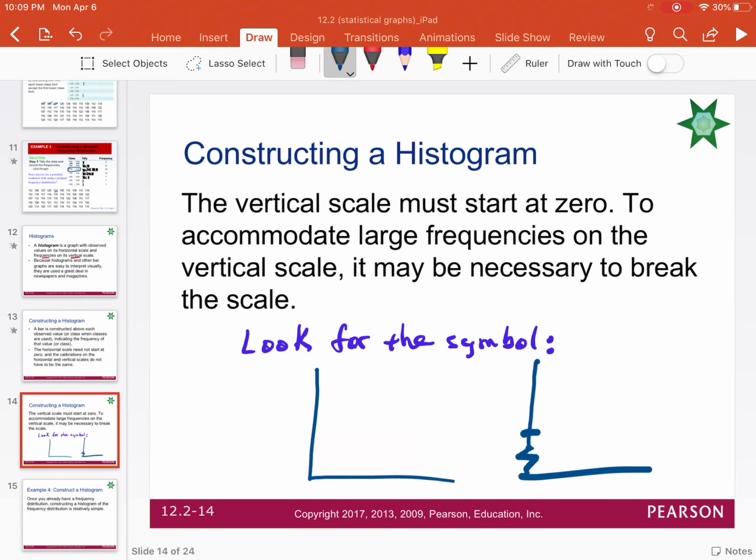And then maybe they'll start at 170. Meaning they took a big jump, or they just crunched the y-axis down, and they have to communicate that, so that you don't think they were trying to trick you. Okay, that's pretty common to see that break in the graph. Okay, right there.